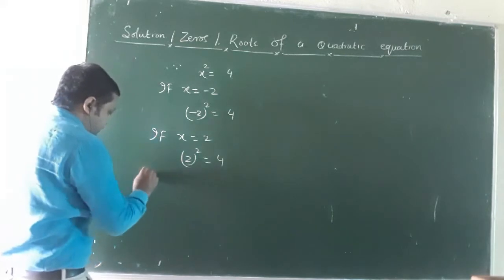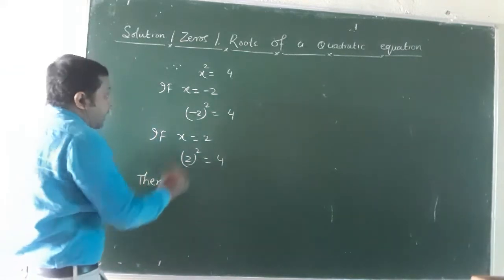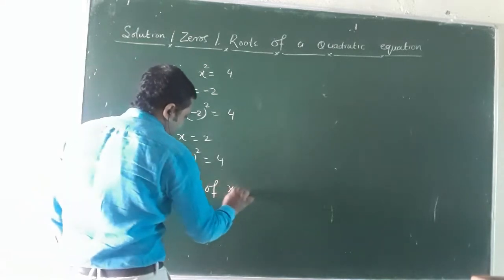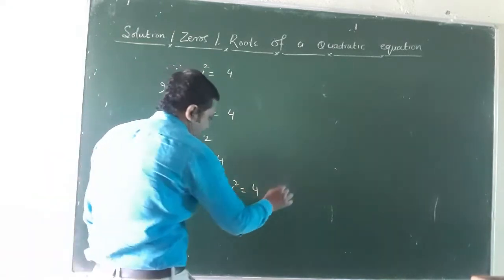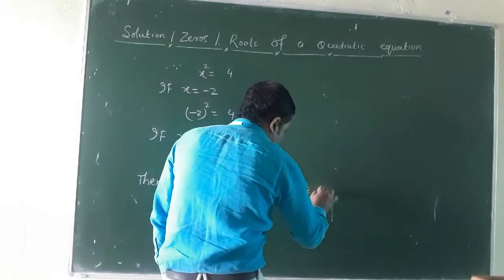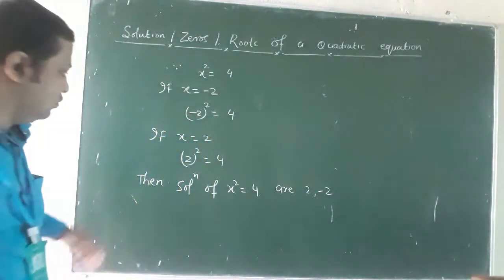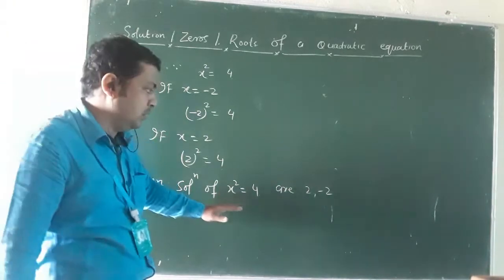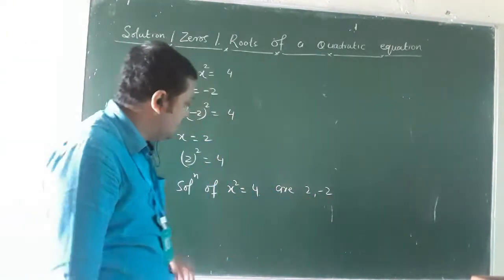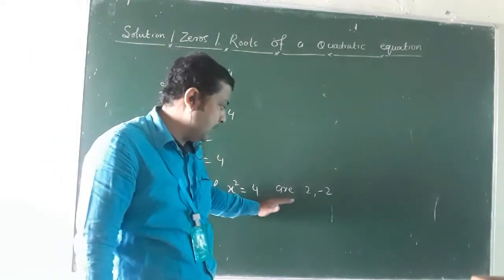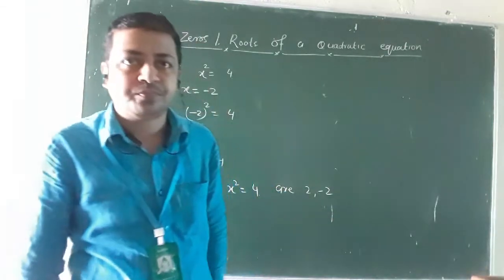So the solutions of x square is equal to 4 are 2 and minus 2. Or you can say the zeros of x square is equal to 4 are 2 and minus 2. Or you can say that the roots of x square is equal to 4 are 2 and minus 2.